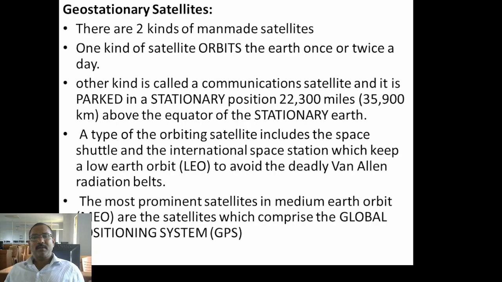The most prominent satellites in medium Earth orbit, that is MEO, are the satellites which comprise the Global Positioning System, GPS. So normally we locate the GPS satellites in medium Earth orbits, and communication satellites in geostationary orbits.